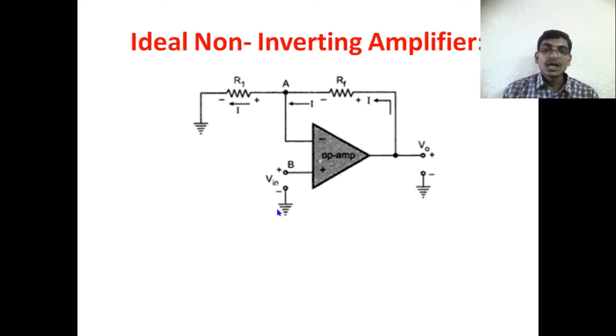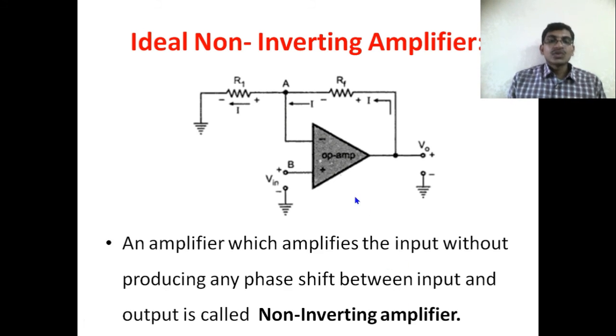When we use the non-inverting terminal as the input, that configuration is called the non-inverting op-amp configuration or non-inverting amplifier.